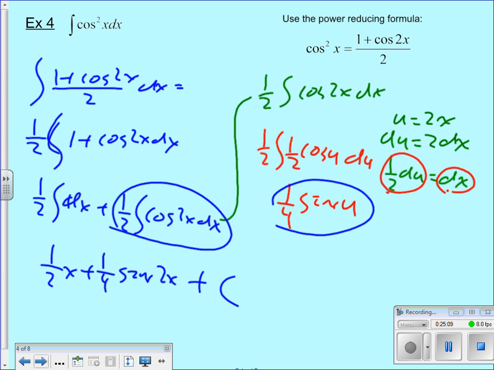The 1/2 x is the 1/2 x. I did it completely separately. Remember, you can split integrals up. You have an integral. That's what I did here. I split this into 2 integrals. Here's one integral. Here's the other integral. I solved that one that way. I solved this one using this to get that.